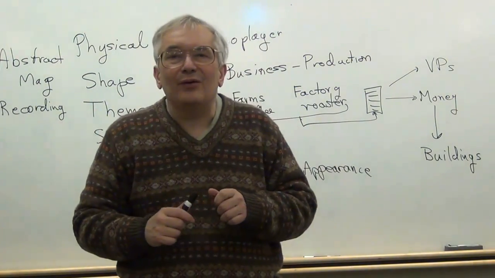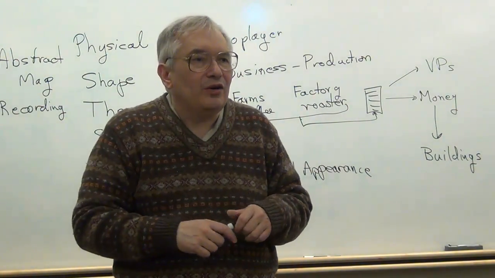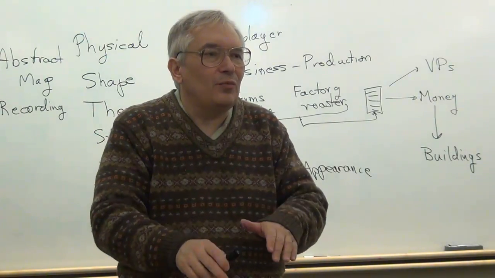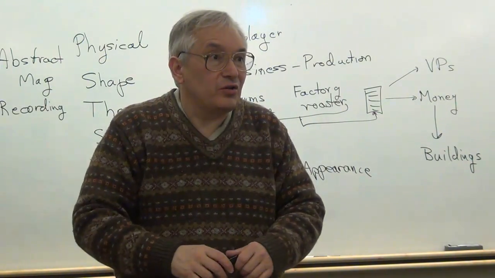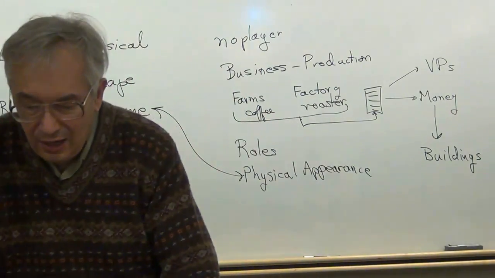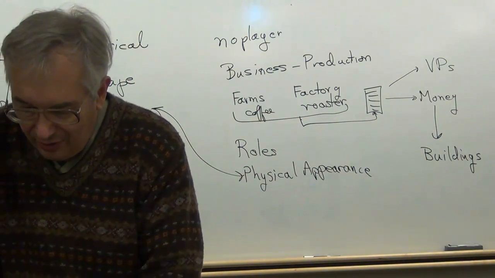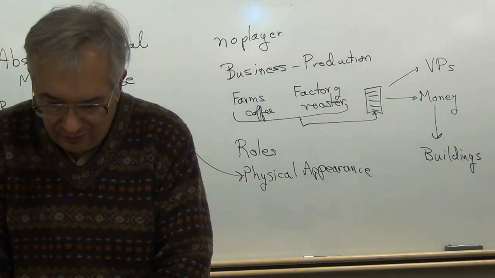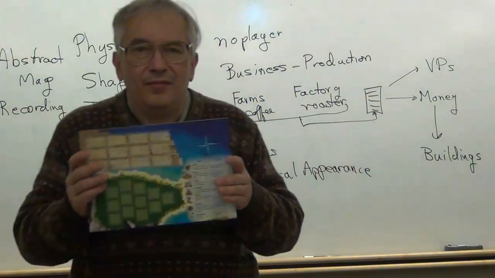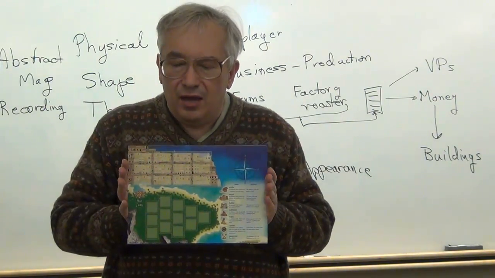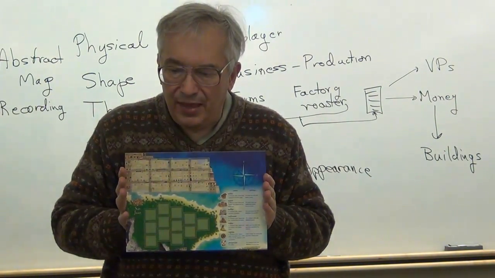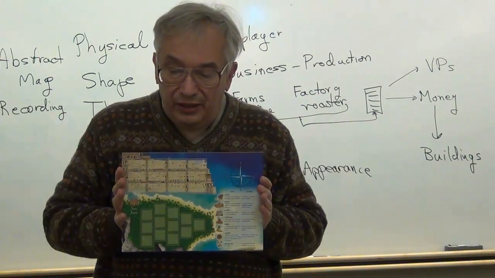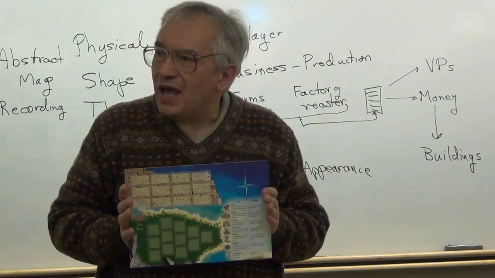Now, if you hunt around on the internet, you can find someone who redid the Puerto Rico charts, the charts that pull out. And what they did is to say, well, we have a chart. It's very pretty. It looks like this. But I'm going to take the map, and I'm going to redo it completely so it looks like a pretty map.